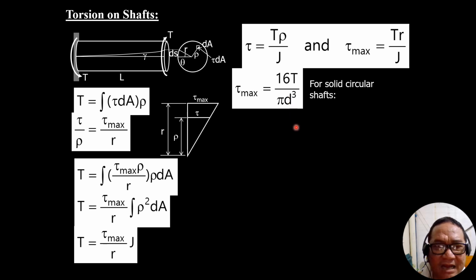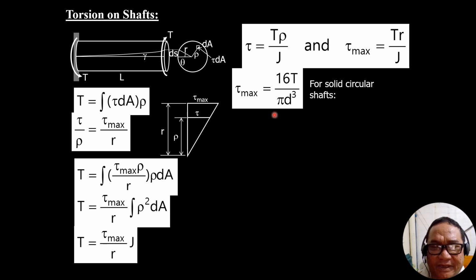Now for hollow circular shafts, the outer fiber would be capital D over 2, and the polar moment of inertia would be pi over 32 quantity big diameter to the fourth minus small diameter to the fourth, so that D cannot be cancelled.